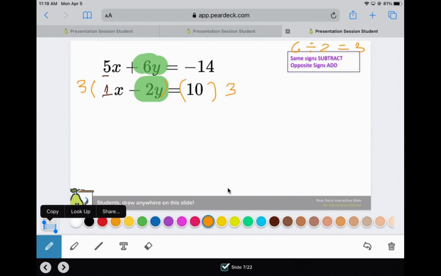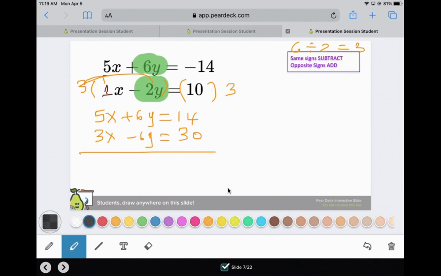Okay. So I'm going to rewrite the first equation. The second equation, distribution: 3 times 1 is 3. 3 times 2 is 6. 3 times 10 is 30. Now we can solve this, okay? Looking at this one, one is positive, one is negative, so I will add.